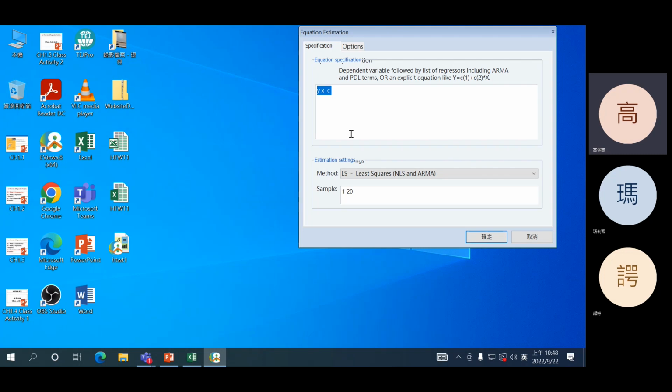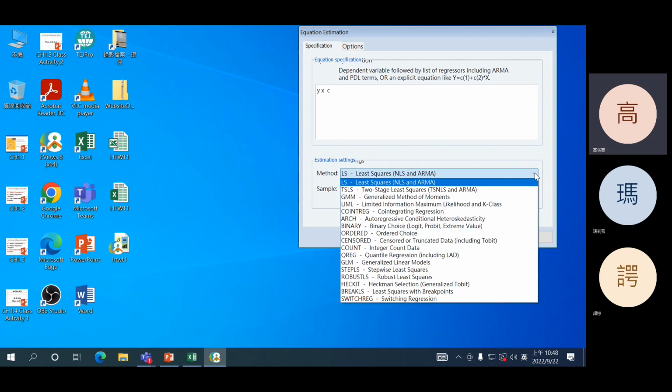Then after that, did you see the methods here? If you drop down all of this, there are a lot of methods. In this semester, we're just using this one. In the next semesters, we will use some other functions.